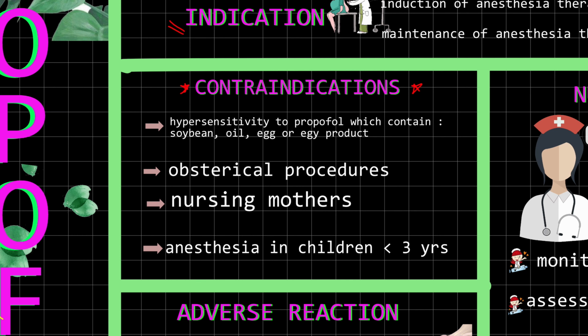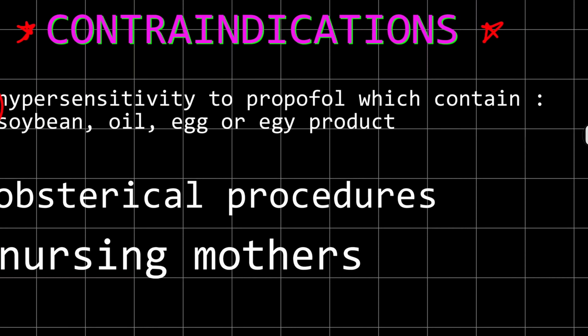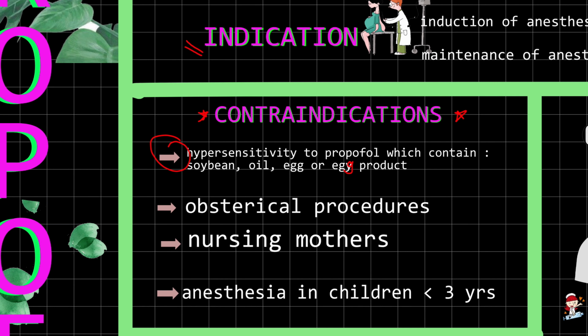All right, so I list down 4 here. One, we have hypersensitivity to propofol, which contains, listen, soybean oil, egg products, dairy products, oil and soybean. So propofol is actually made of these products.